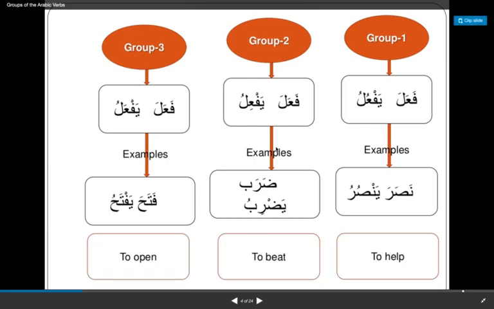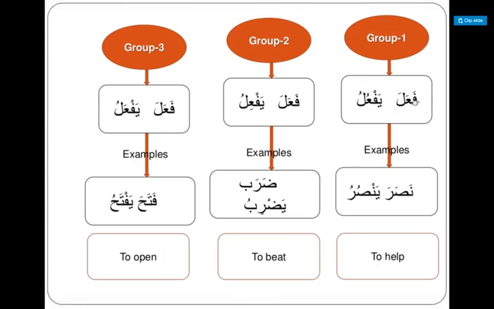So in Arabic, we have awzan. So verbs are based on awzan. We have the first group, which is a 3-letter verb. The simple past will be fa'ala, or based on the standards of فعل على وزن فعل.